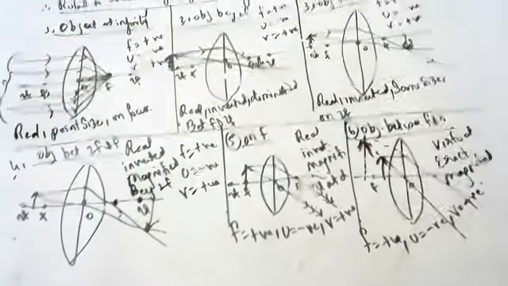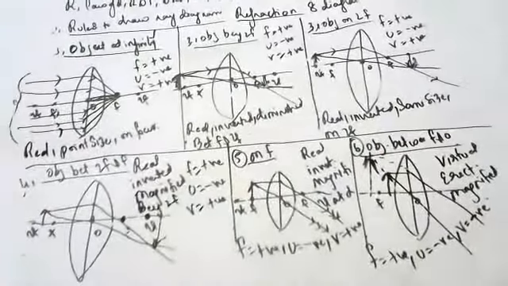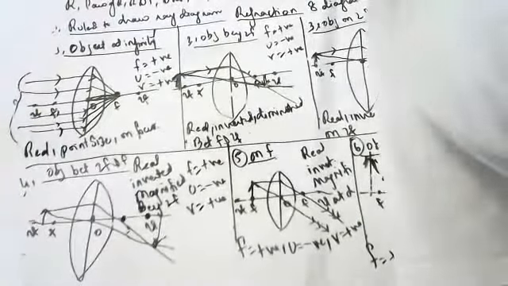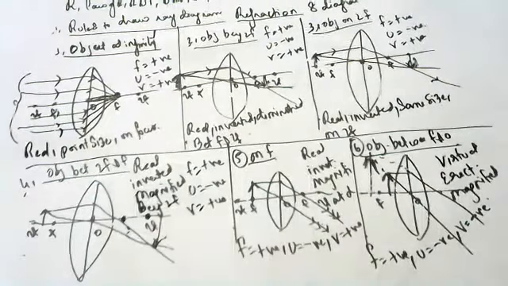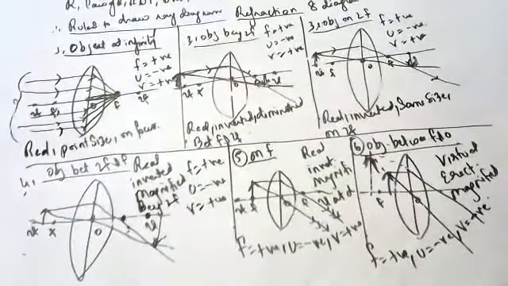Okay, children, please keep copying, everyone. Very, very important, children. Last two ray diagrams are there, apart from these. All of you copied this? Surya, did you copy? Yes, sir. Sujit, did you copy?